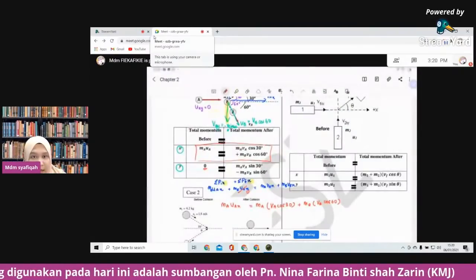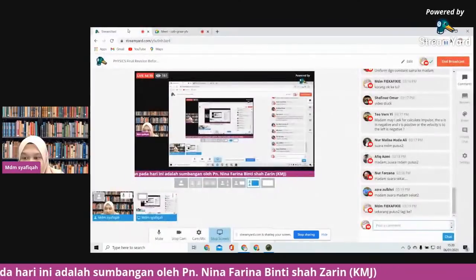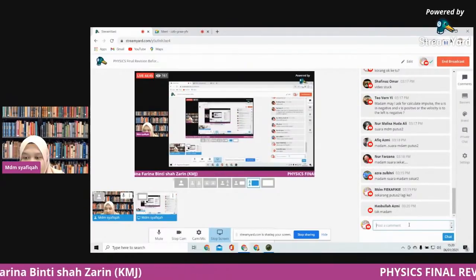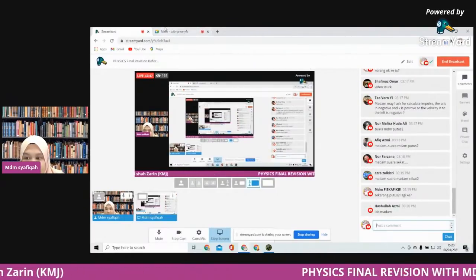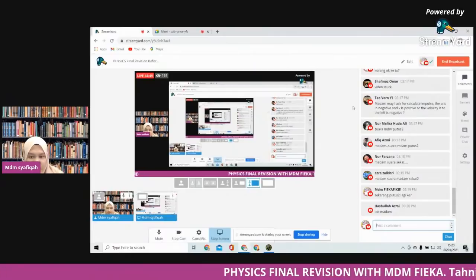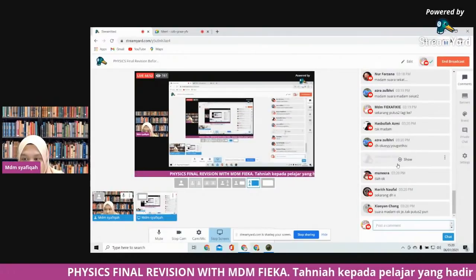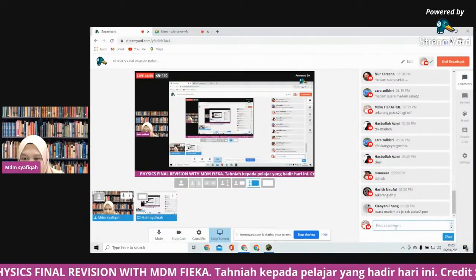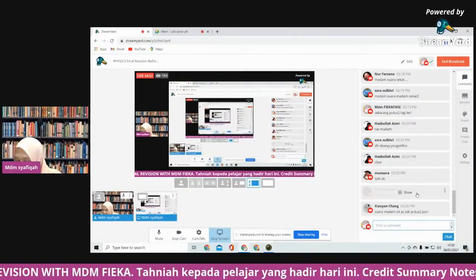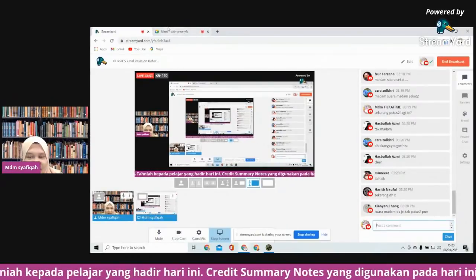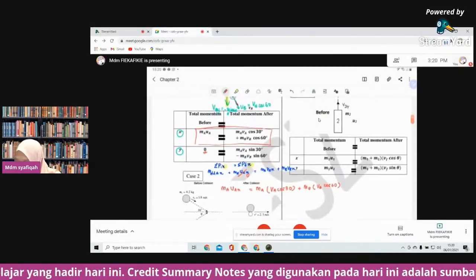Suara saya tersekat. Dah okey ke sekarang? Okey tak sekarang? Tak. Okey, sekejap. Ada yang kata okey. Sekarang dah tak. Okey, good. Nasib baik dah tak. Okey, kita sambung.